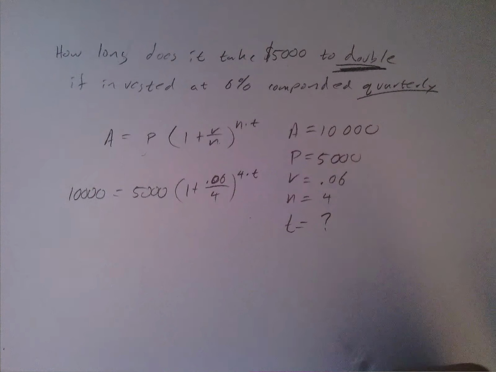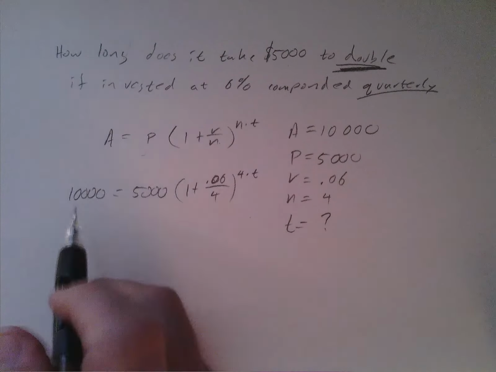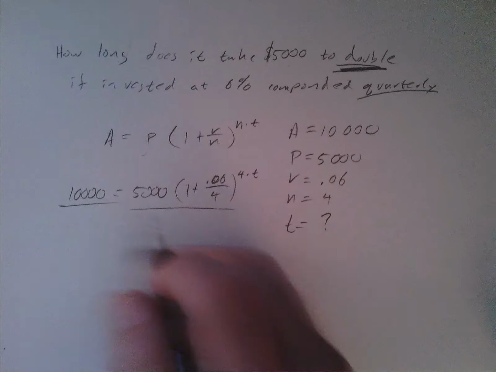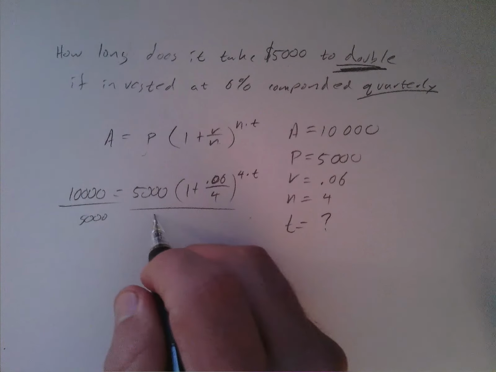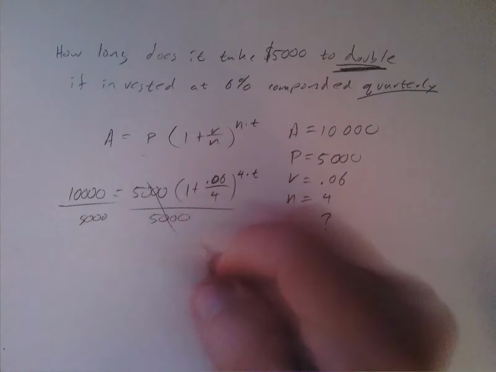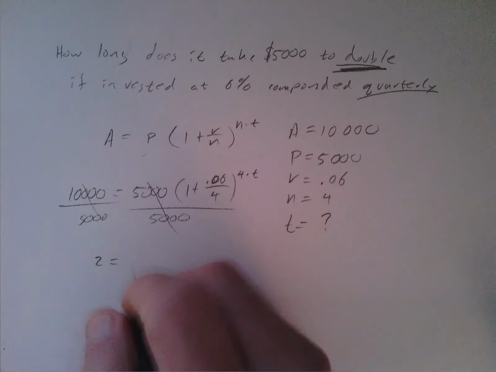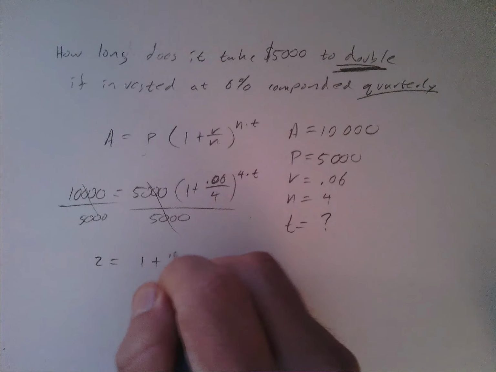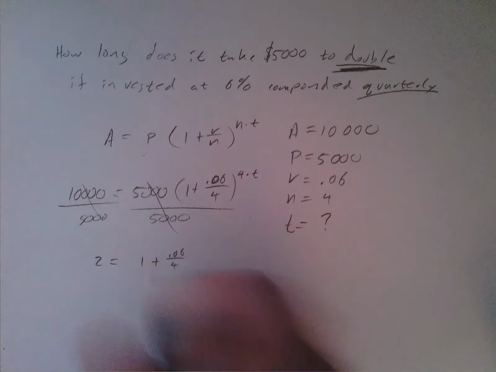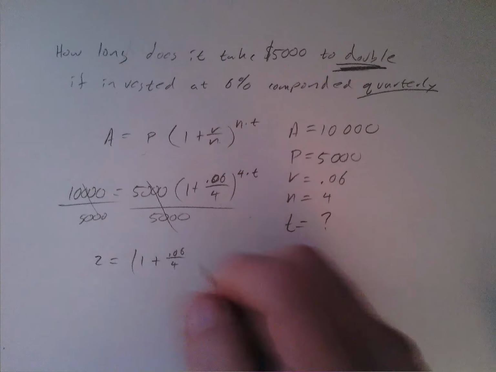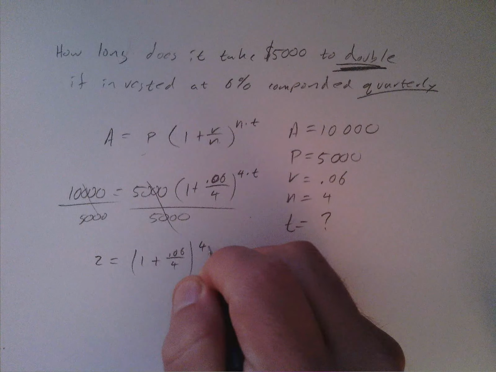Doing a little simplifying, now it's just algebra time. Divide both sides by 5,000. Those cancel, so I'm left with 2 is equal to 1 plus 0.06 over 4, to the 4 times t.